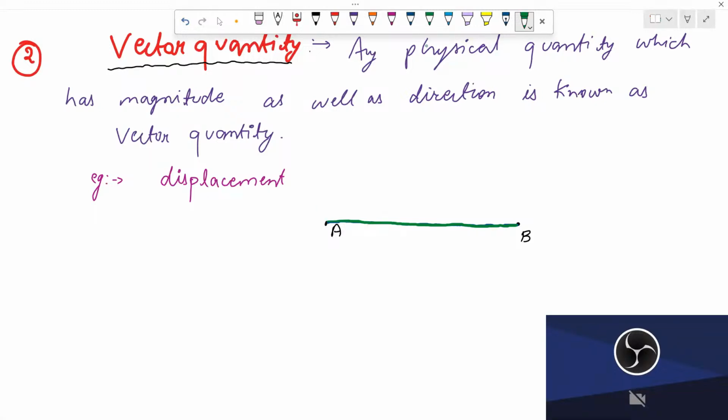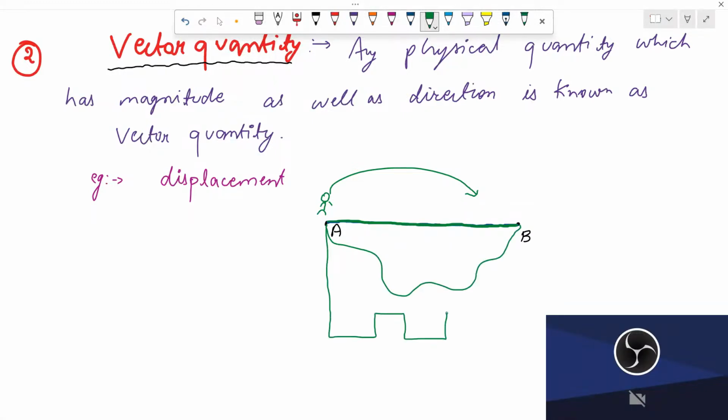If a body starts from A and moves from A to B, it can have multiple paths. Either it can go in a curved path, or in a straight line, something curved, a bending path. Let us consider this is path 1, this is path 2, and this is path 3.